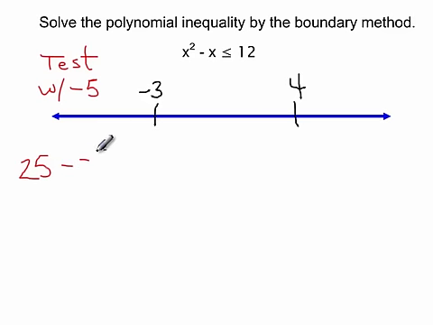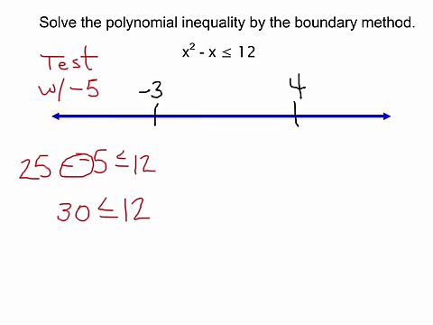Be careful, you have a double negative there because it's minus, then a negative 5. Is this less than or equal to 12? That's going to be 30. Is that less than or equal to 12? I don't think so. That is false.